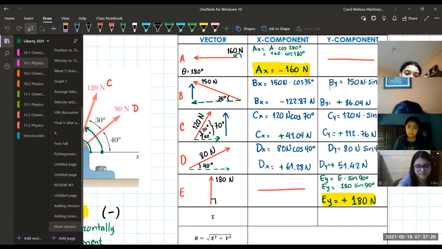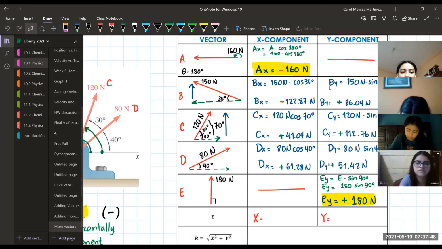Now, you know the procedure, we need to add, and you will get your X component and you will get your Y component. Excuse me, I got 51.